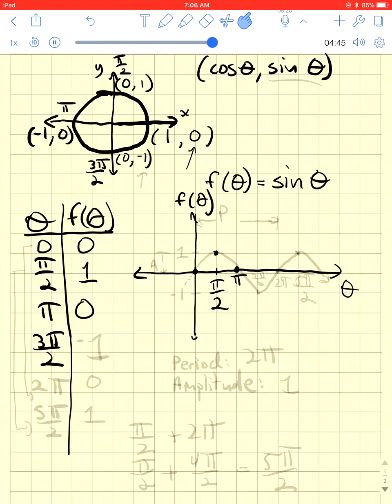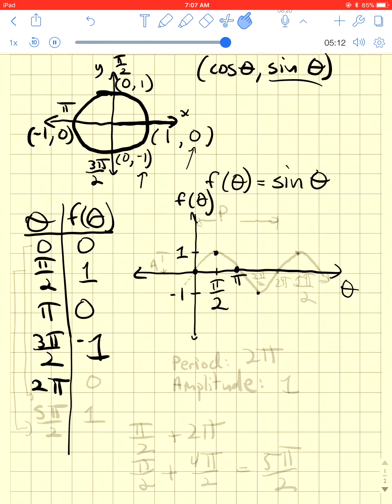Okay? And that is a period, meaning the length of the graph before it starts to repeat itself, if it does repeat itself. And we know that it repeats itself because if we added another pi over 2 to 2 pi, we would say pi over 2 plus 2 pi is what?